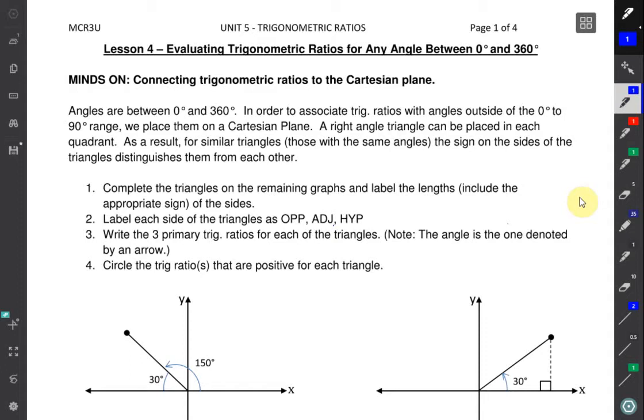A right angle triangle is placed in each of the quadrants. What happens is you have 4 identical triangles in all 4 quadrants. Each of these triangles are labeled by opposite, adjacent, and hypotenuse, just like we typically do.